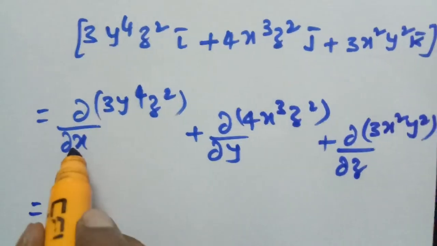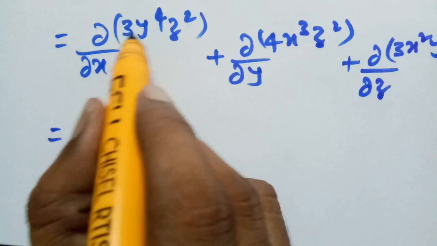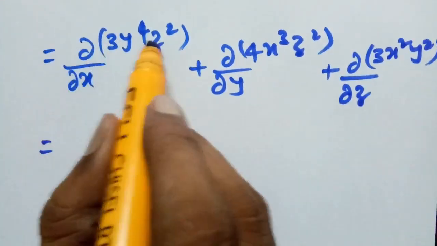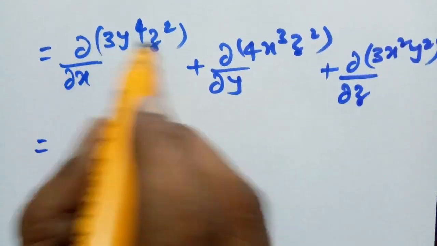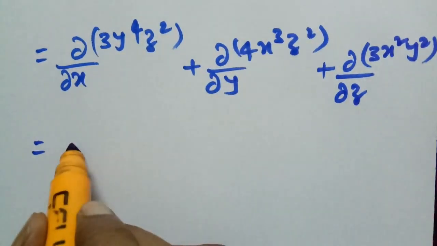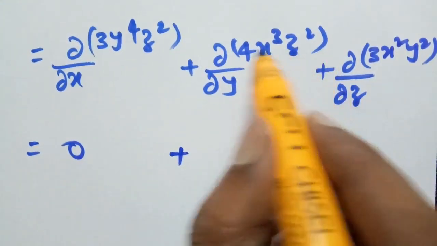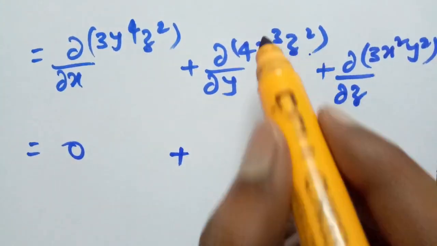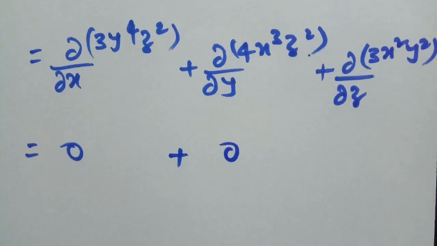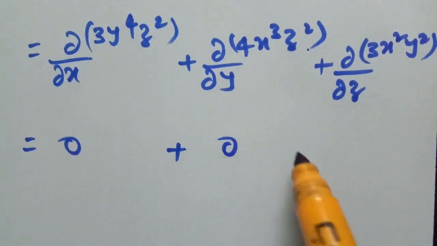Therefore, since this is the partial derivative with respect to x, there is no x involved in this term. Therefore, its derivative becomes 0. Plus here also there is no y involved in this term. Therefore, all are constants since partial derivative with respect to y, it being 0.